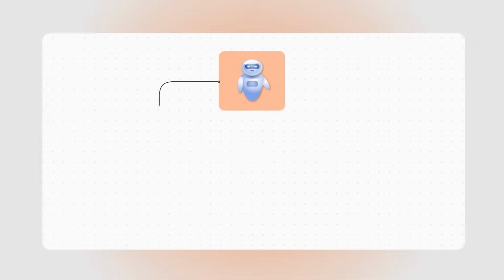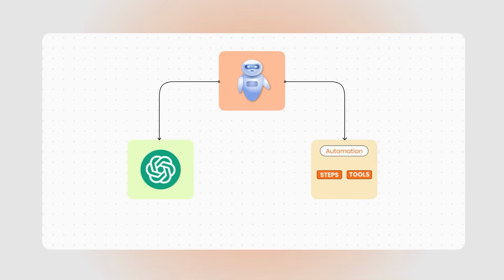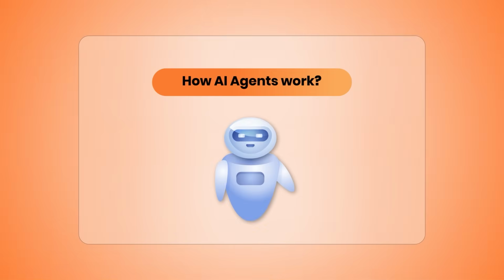So agents, in a way, combine all of those things and more. They could have access to the power of models like ChatGPT. They could have access to steps and tools that you typically have in automation tools. And they have access to reasoning, and they have access to memory, and they bring it all together to actually achieve a goal.